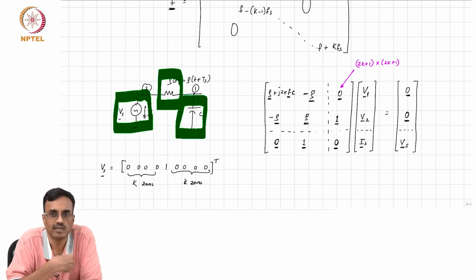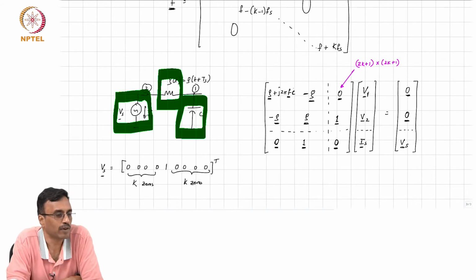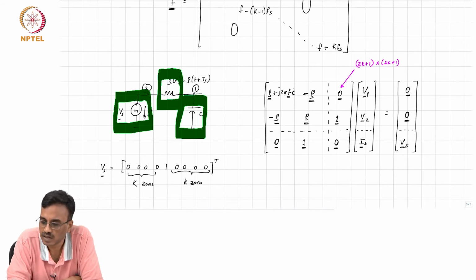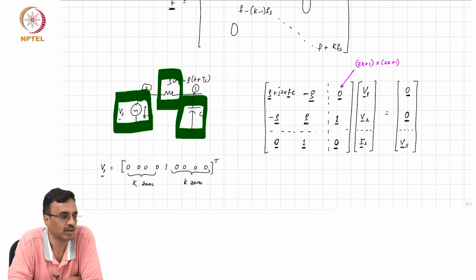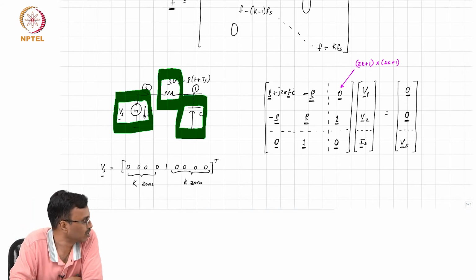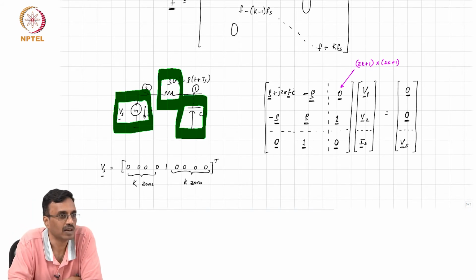So, there is no change as far as the periodically time varying case is concerned, except that f now is replaced by that frequency matrix. The G is replaced by the conductance matrix which captures the periodically time varying nature of the conductance, and all these other matrices are zeros or identity matrices of the appropriate order. Does it make sense, people?